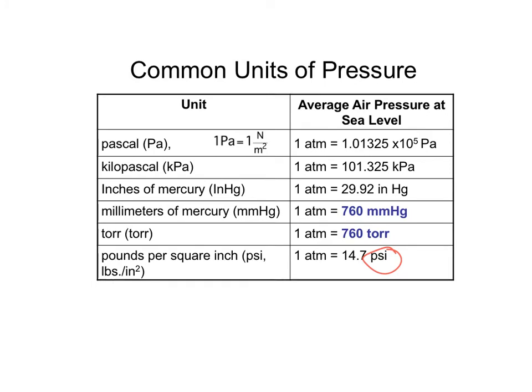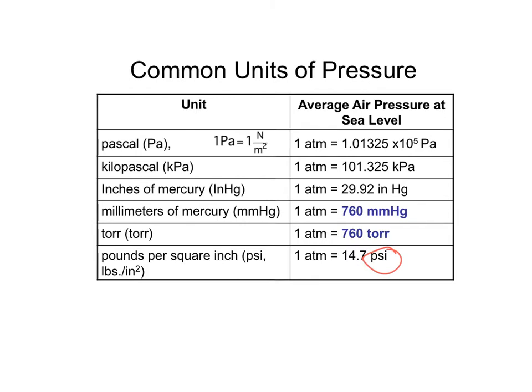If you have a tank of gas, there'll be a regulator that usually is calibrated in pounds per square inch, as well as other units. But the Pascal certainly is an important one. That's the SI unit. And then we talk about inches of mercury when we're talking about the weather, the height of the mercury in a barometer, 29.92 inches. And then we talk about the atmosphere as well.